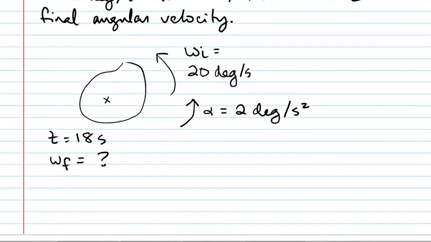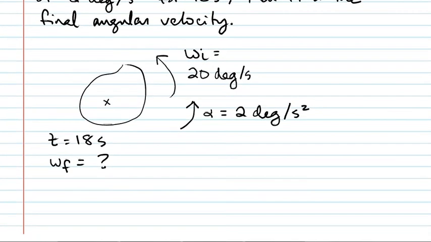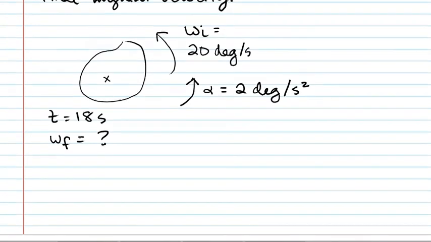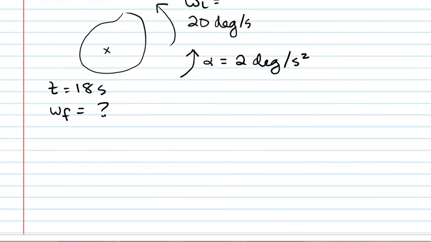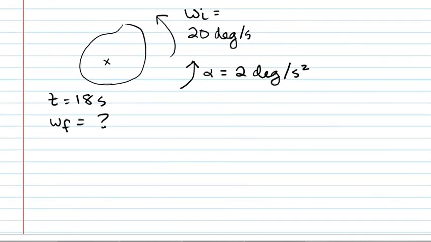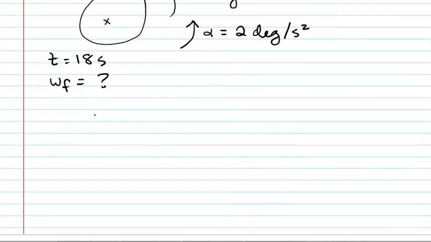Well, here we have the omega initial that's known, the time that's known, the angular acceleration that's known. If we look at our list of constant angular acceleration equations, I think the simplest one to get us there is just going to be the omega final equals the omega initial plus alpha t.